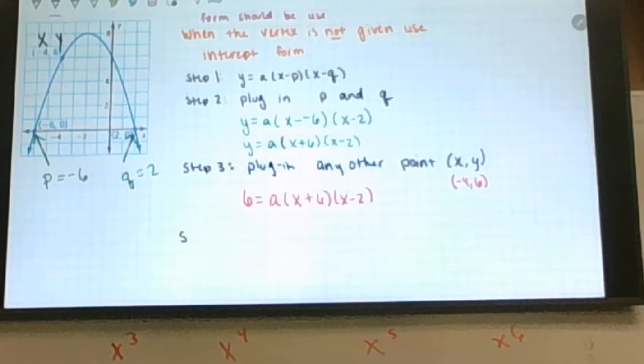Same step 4, find a. Go ahead and find your a value. Now you need to do the actual math and calculate a.